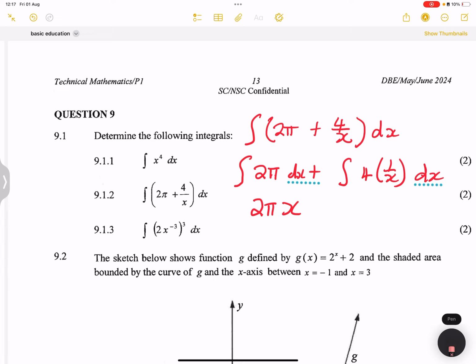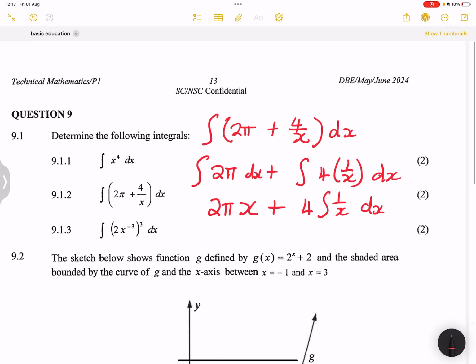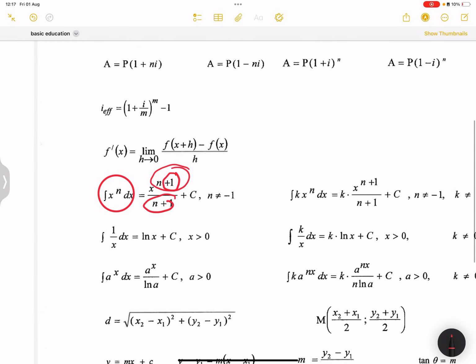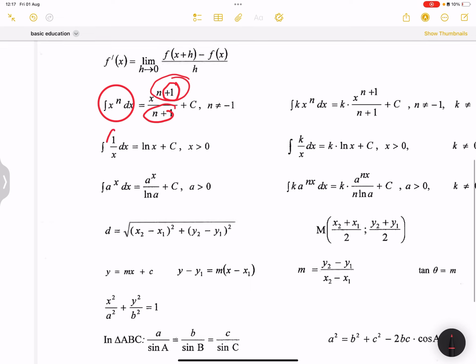Now, this would be 4 times the integral of 1 over x. If you go back to your list, you'll see that the integral of 1 over x gives us ln of x.